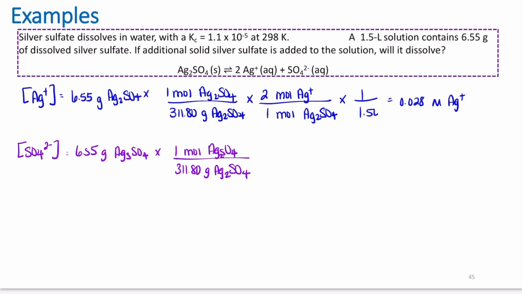It is Ag2SO4. And for this one, there's 1 mole of sulfate ions for every 1 mole of silver sulfate. Convert that to molarity as well. And I have 0.014 molar sulfate ions.